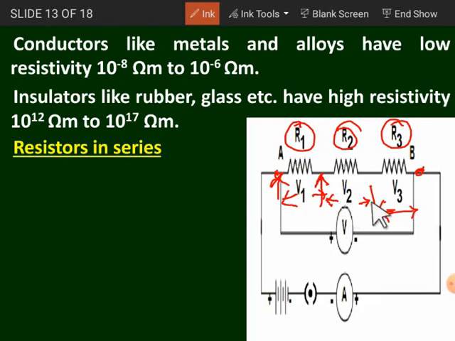V1, V2, V3 are the potential differences across R1, R2 and R3 respectively.